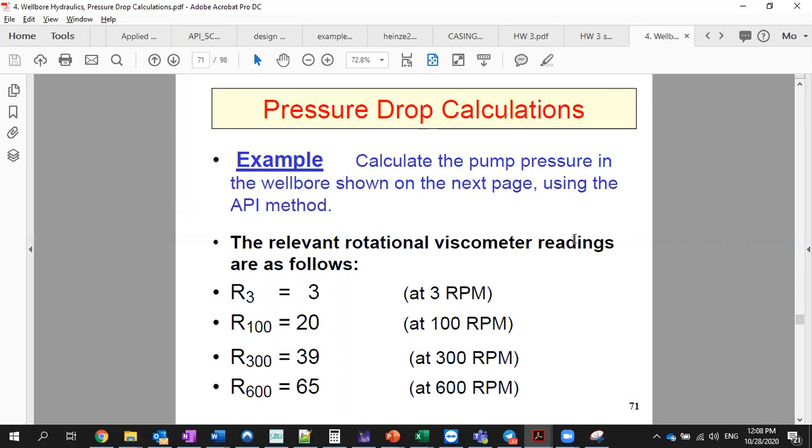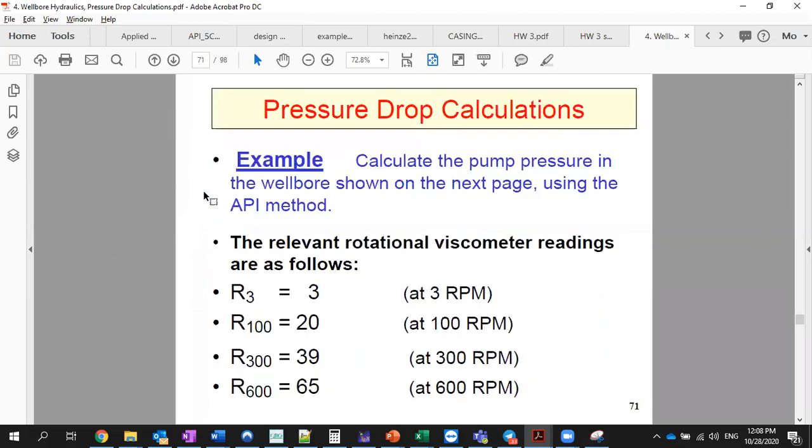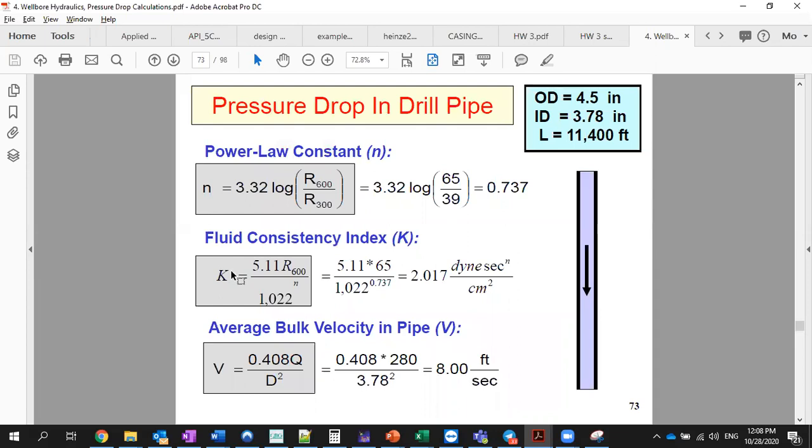And pressure drop calculations again start with your velocity calculations, unless you need some parameters from your rheology. For example, for power law fluids, if you are given the RPM from viscometer readings, you would need to calculate the exponent n, and you would need to calculate the consistency index before calculating the velocity.